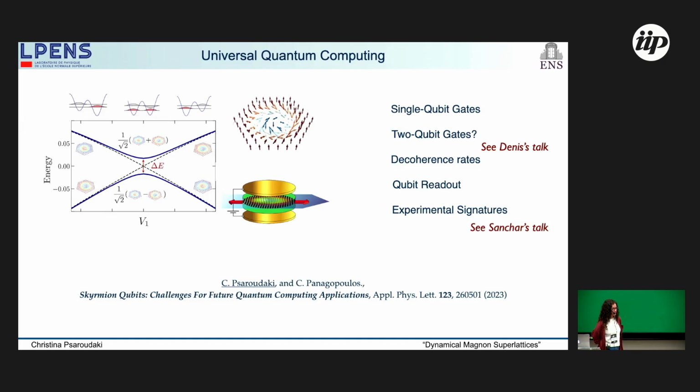We have magnetic field or electric field protocols, and two-qubit gates, where I put a question mark, following Sol's way of presenting. Then Dennis may talk, if he has time, about entangling distinct qubits using magnons. Of course, the coherence rates we can estimate using a simple LLG type of estimation. For qubit readout, we have a few thoughts, and experimental signatures are still lacking.